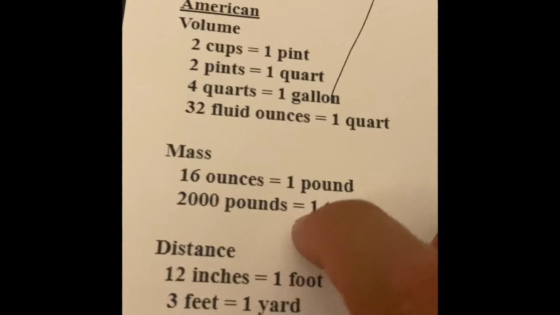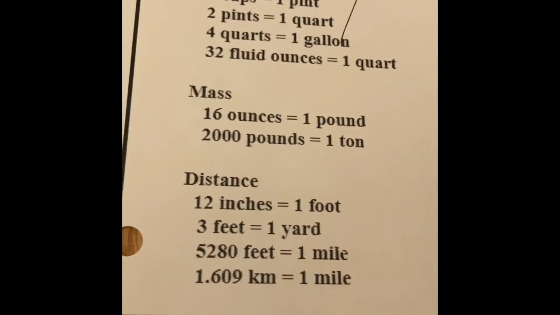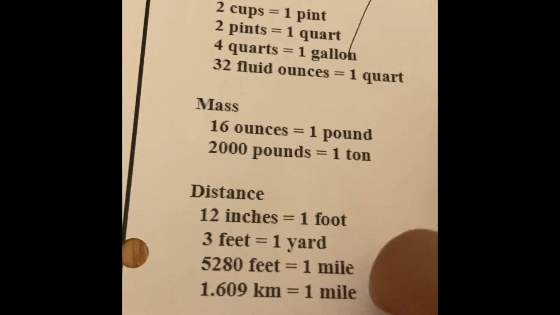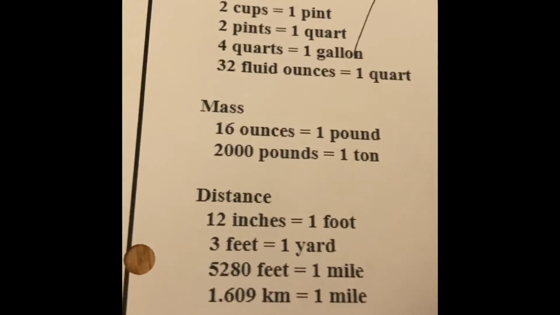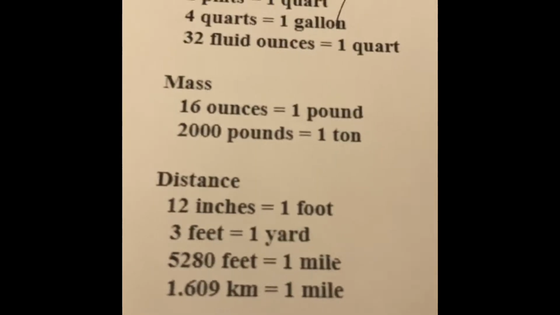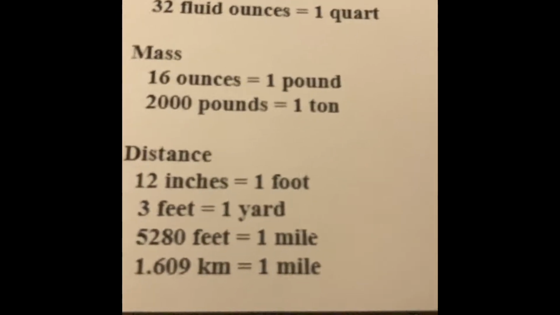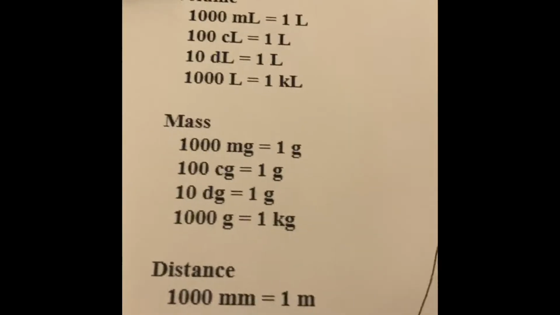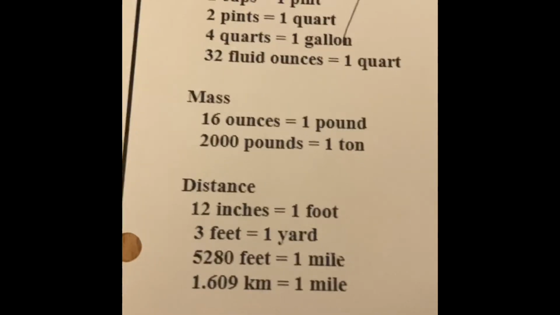Then you have 1 ton. If you want to measure distance, you have inches, feet, yards, and miles. These are the measurements in the U.S. imperial system. So we're going to have the metric system and the imperial system and see how we convert the two.